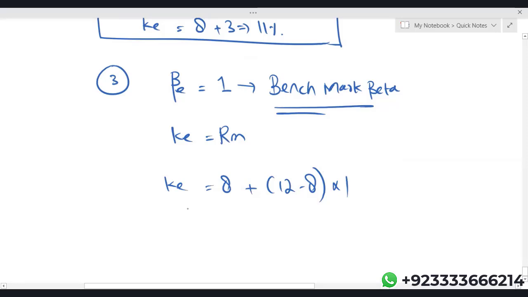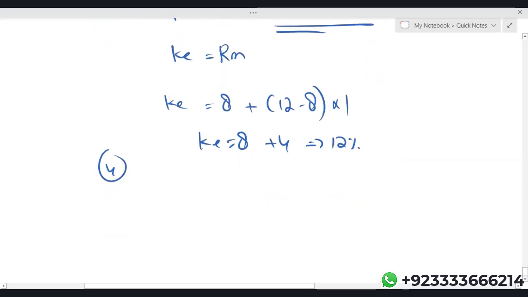So obviously, you can say that K is equal to 8 plus 4, 12%. Fourth and the last, whenever beta equity is more than 1, it means your investment is more risky than the market. When my investment is more risky than the market, then I'm going to demand a return more than the market. So KE will be more than RM.